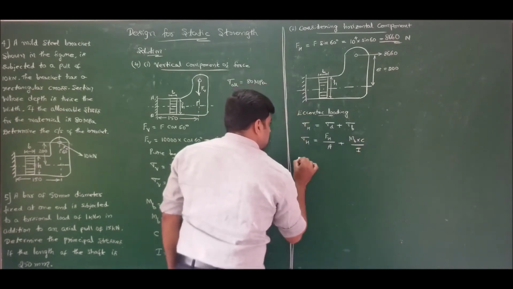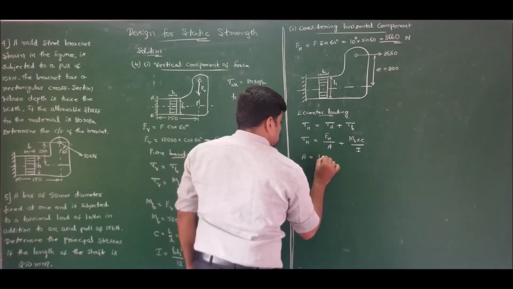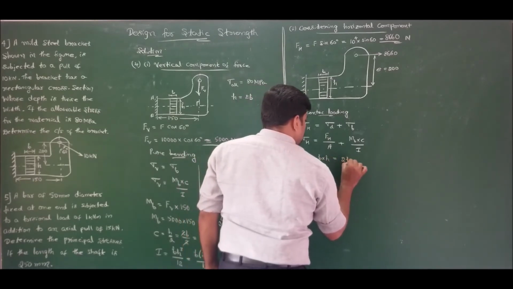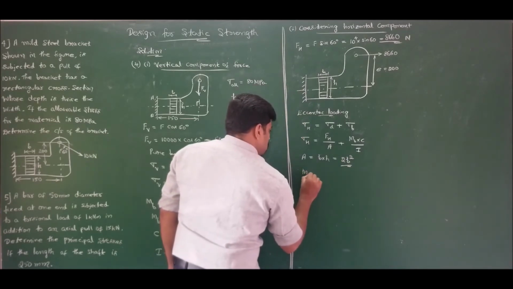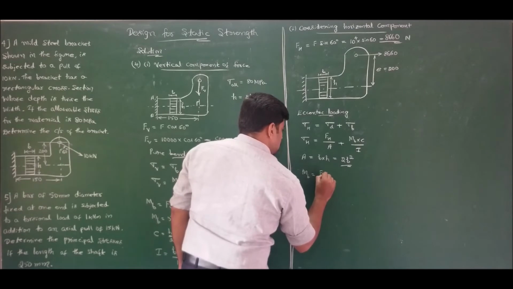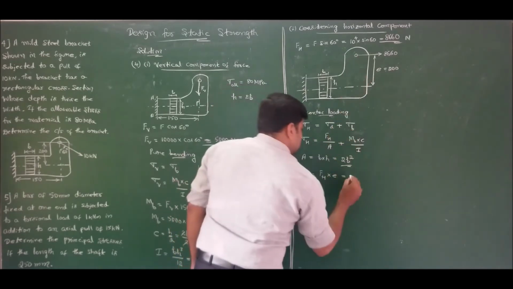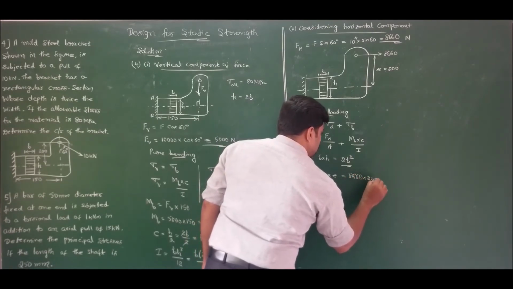Let us calculate individually. F horizontal is known to us. The area of the cross section is b into h. h is equal to 2b, so therefore it is 2b square. Coming to the bending moment, it is force into eccentricity, that is F_h into eccentricity, 8,660 into 200.